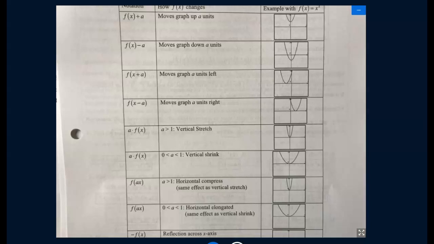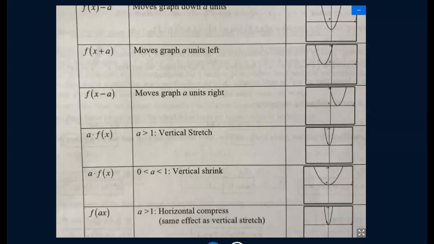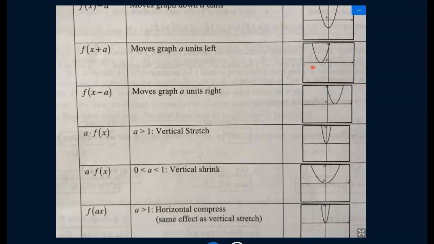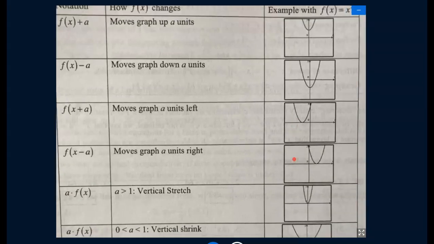So what we're going to do is, this is a quadratic. We can actually come up with a reasonable estimate as to what these transformations might be. For that first one, what do you think a reasonable estimate would be for that transformation? Like +2? So if the parent function is x squared, then this graph might represent x squared +2.